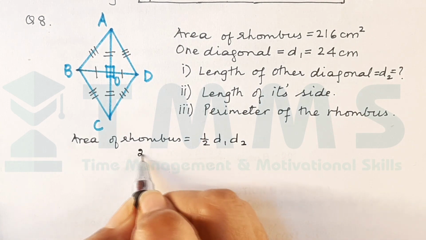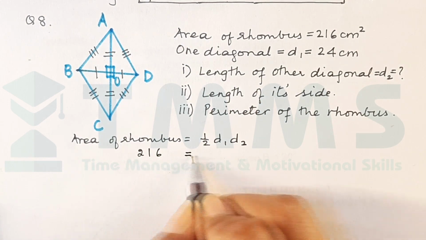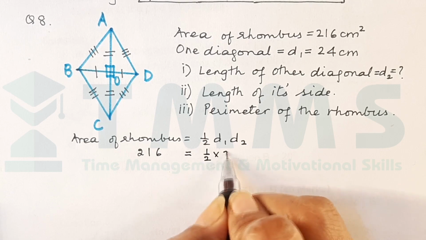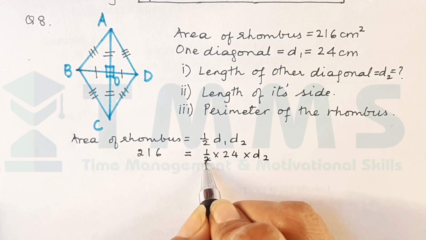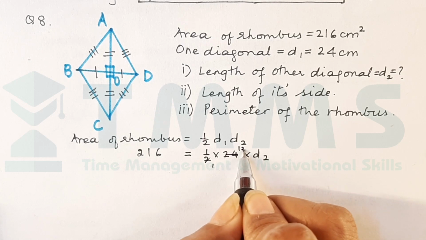Area of rhombus is 216 centimeter square, which is equal to half into 24 multiplied by D2. So 2 ones are 2 and 2 goes 12 times here.